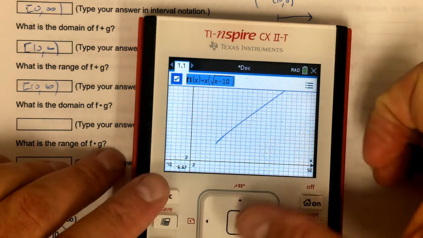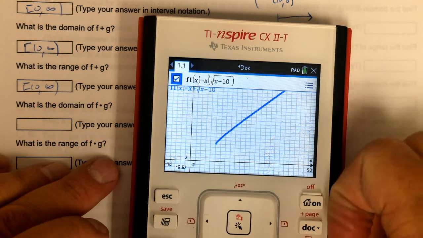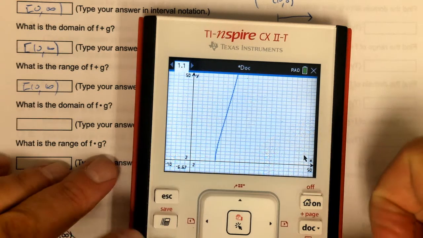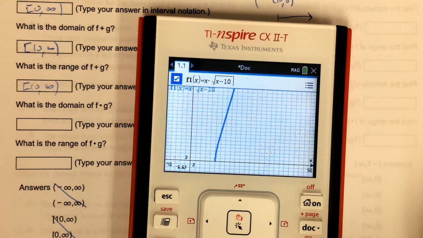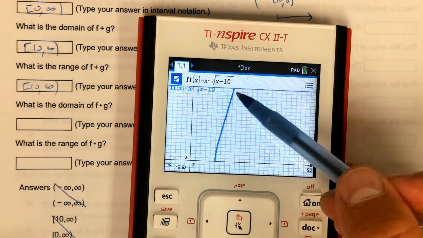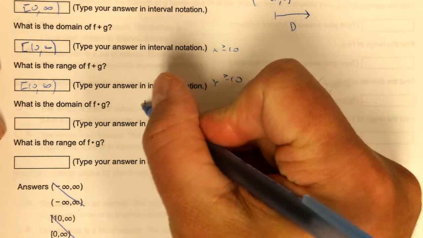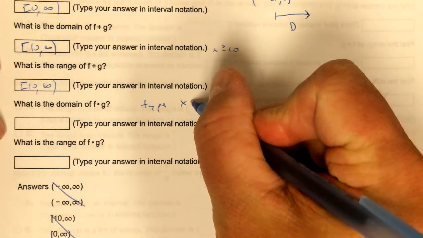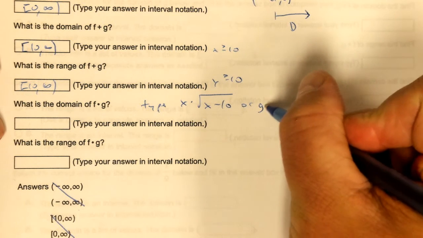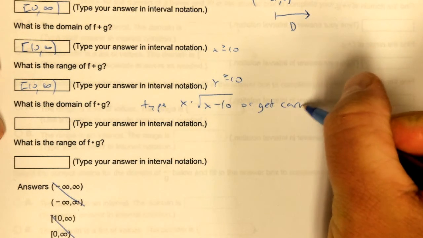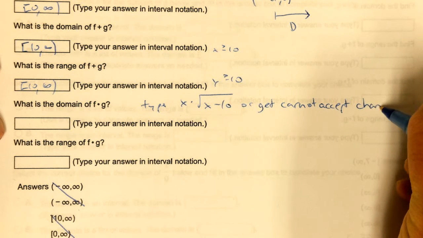Oh, I remember whenever you see this error, you have to put the little times sign first, like that. Notice I had to use the little times sign to put a dot in between. That'd be your hint. Type x times the square root of x minus 10, or you get cannot accept change. Error.